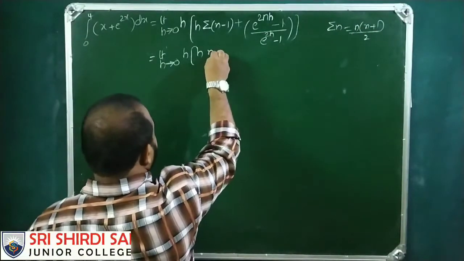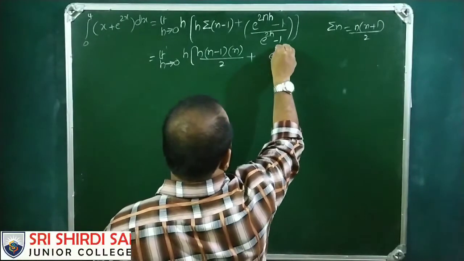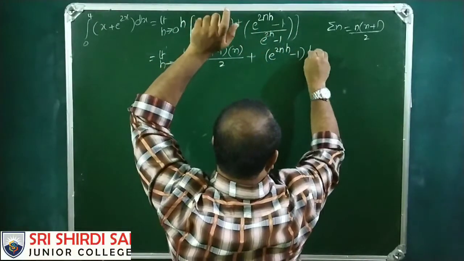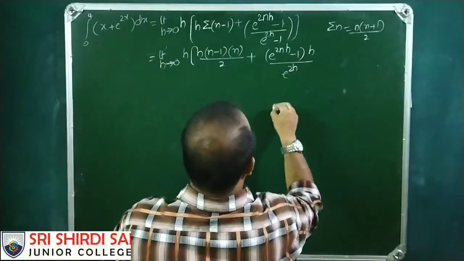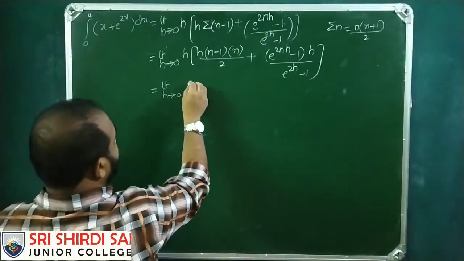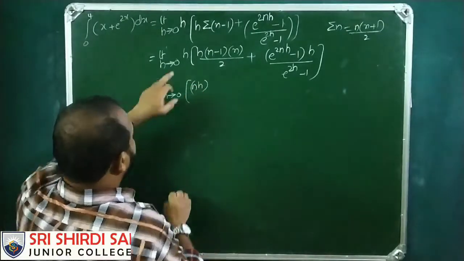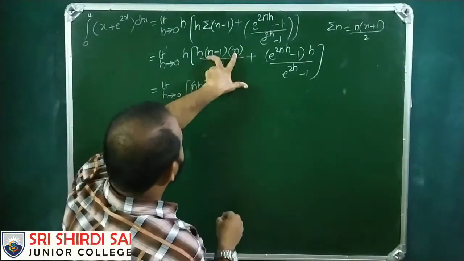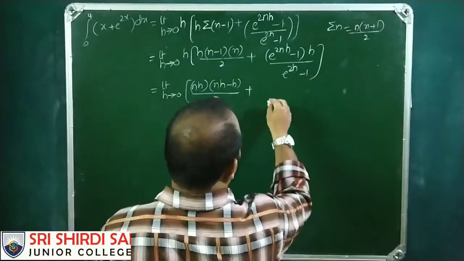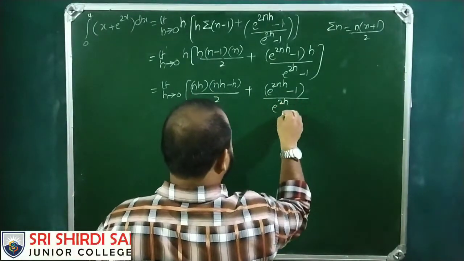So this is h times (n-1)n/2 plus h times (e^(2nh) - 1)/(e^(2h) - 1). Bringing h inside, this equals the limit as h tends to 0 of nh times (nh - h)/2, that is, nh minus h by 2, plus (e^(2nh) - 1)/(e^(2h) - 1).